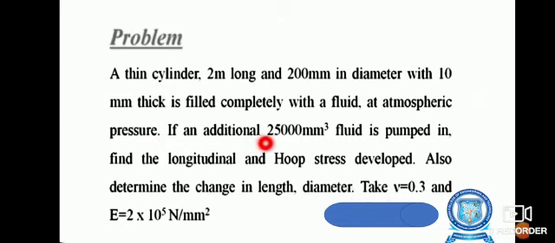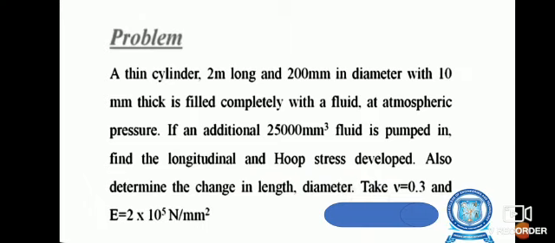If an additional 25,000 mm cube of fluid is pumped in, find the longitudinal and hoop stress developed. Also, determine the change in length and diameter. Take V is equal to 0.3 and E is equal to 2 into 10 power 5 Newton per millimeter square.